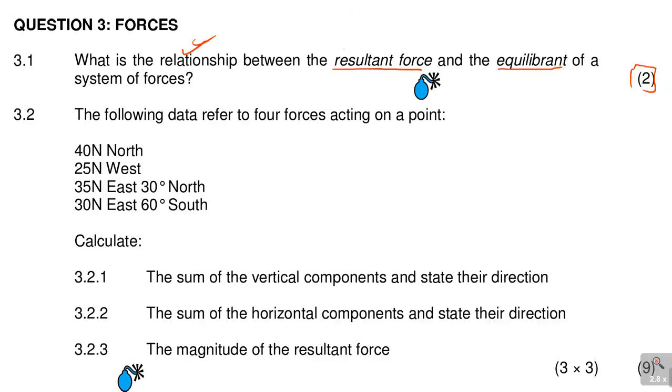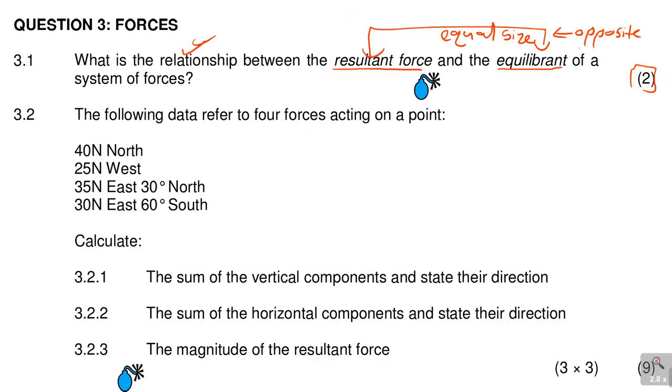Now remember, both resultant and equilibrium are equal in size. That's the first part. The relationship is they are equal in size, but the only difference is they are opposite in direction.